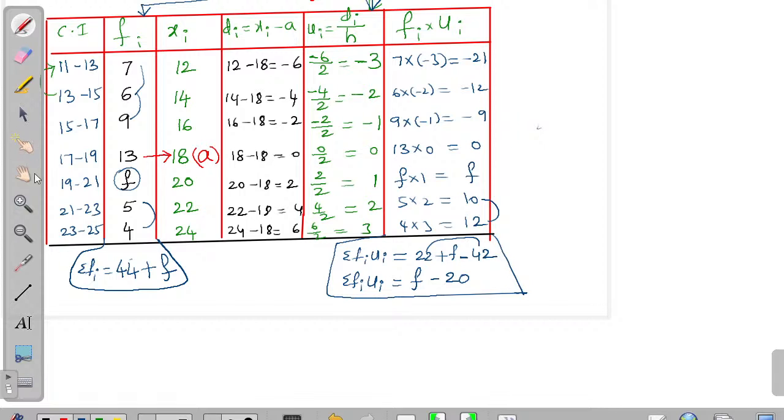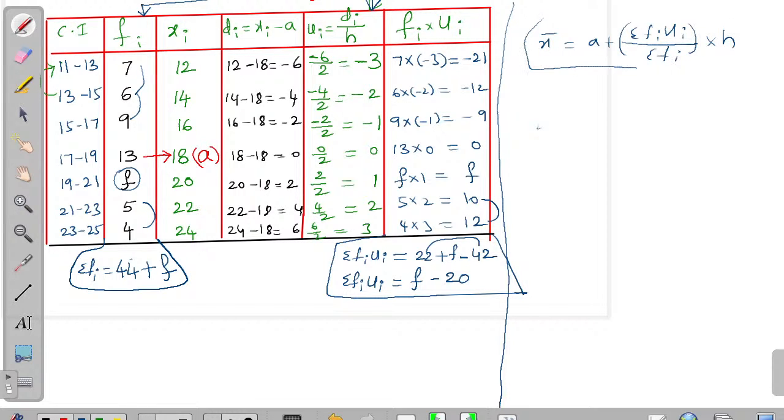Here the procedure is something different. x bar is equal to a plus sigma fi ui by sigma fi, into h. It is the formula. In the problem itself, the x bar value is given as 18, and the a value we took is also 18.